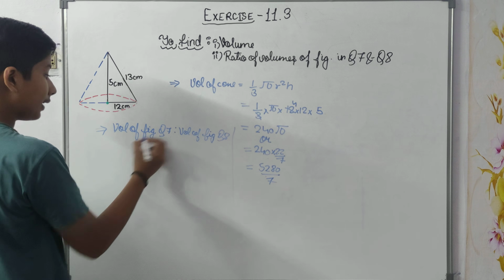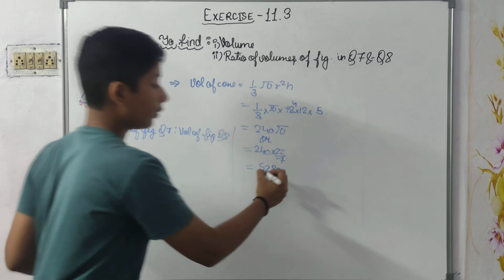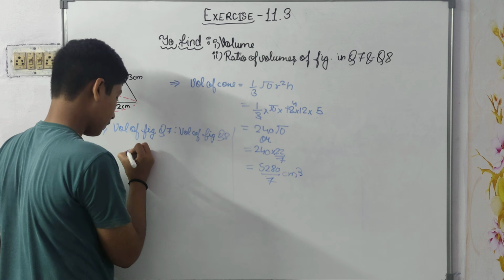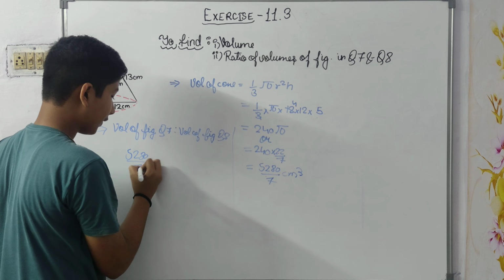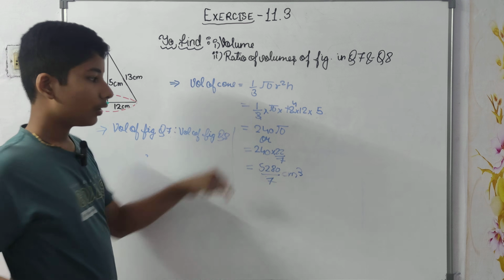Now the figure in question 7, what is the volume? 5280 by 7 centimeter cube. Instead of this, we just write 240 pi.